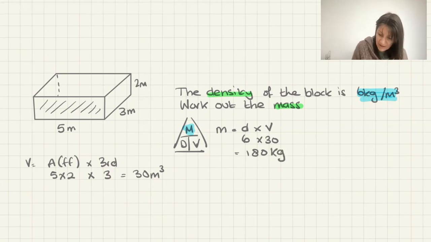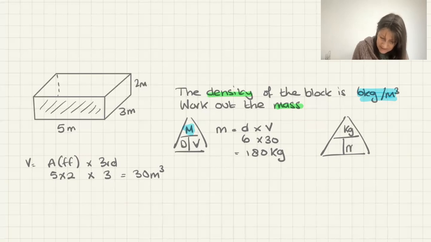If we just take a quick look at that formula triangle, okay, mass, kilograms, volume, meters cubed, density is equal to mass divided by volume. So kilograms per meters cubed, grams per centimeters cubed, whatever's in the question. Okay.